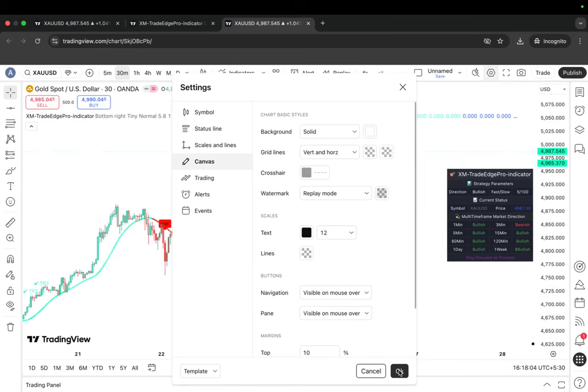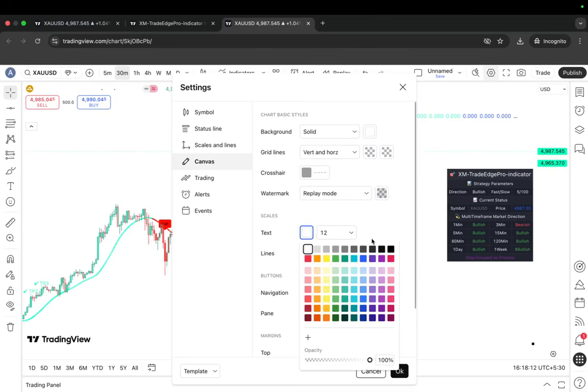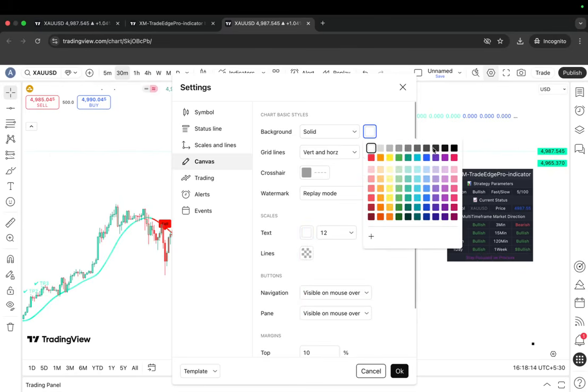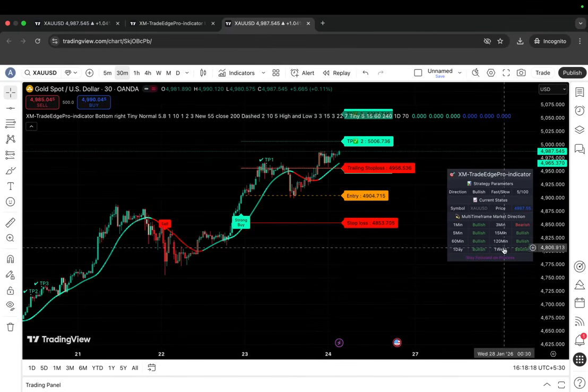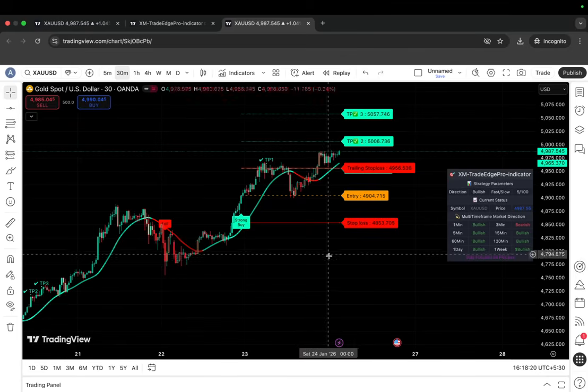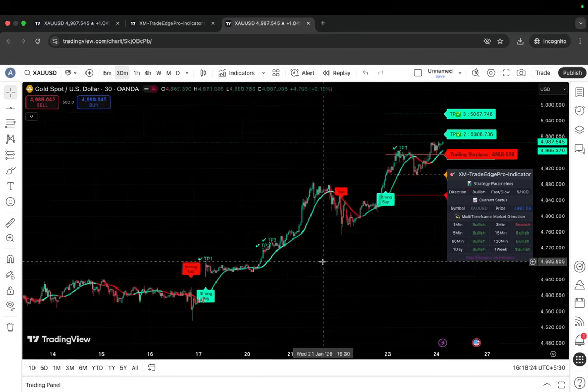But yes, that is a TradingView feature where we can customize this as well. I'll check, and I guess this is something. Yes, yeah. So now the price is also visible to us. We can hide the indicator from here, and we can see this is how it works in black.